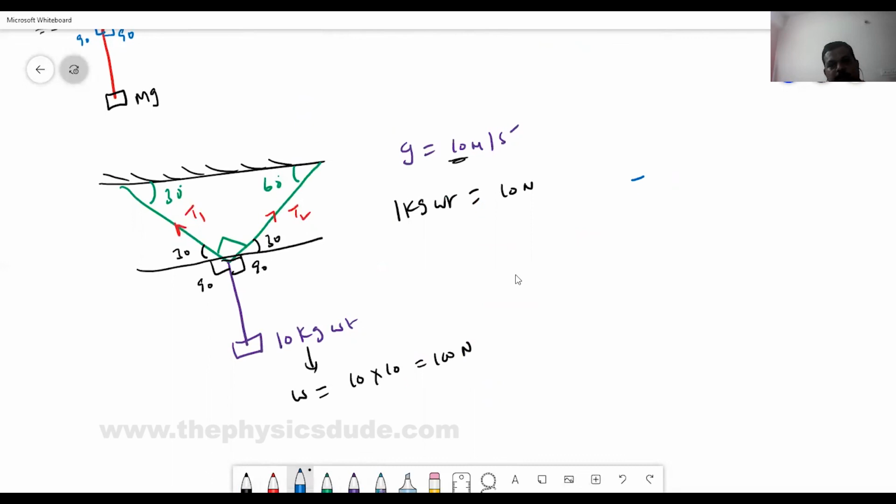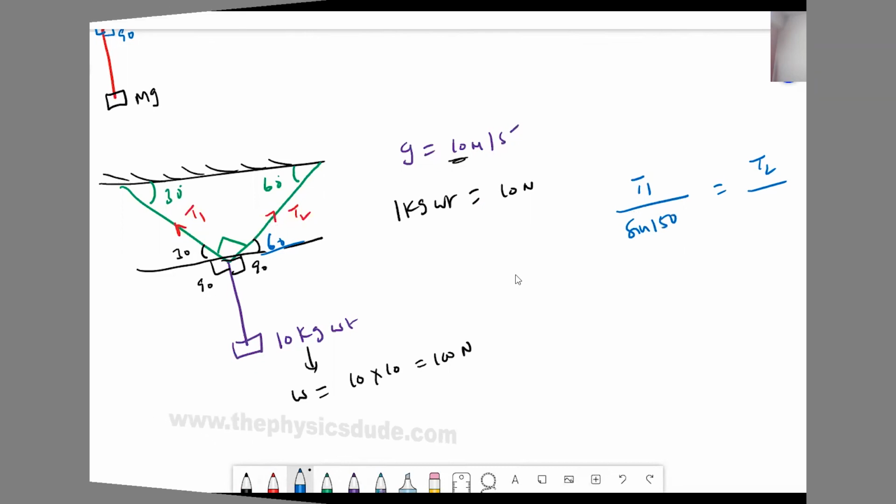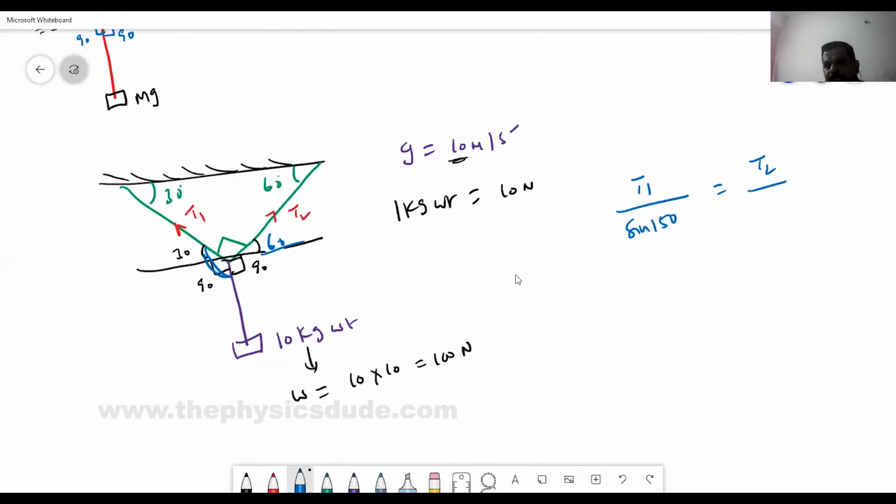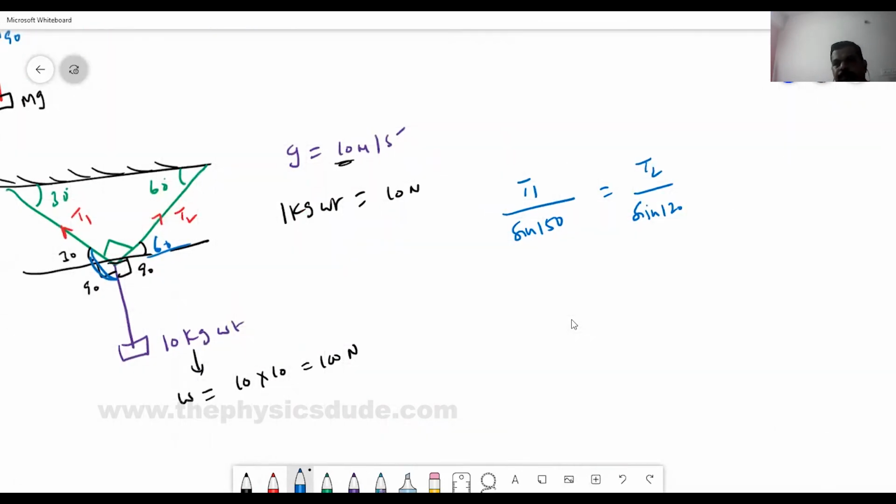So T1 upon sine 120, that is equal to T2 upon, sorry, this is 60 degrees, so sine 150, that is 60 plus 90. And T2's opposite total angle is 30 plus 90, sine 120. That is equal to the downward force 100 newton upon sine 90.